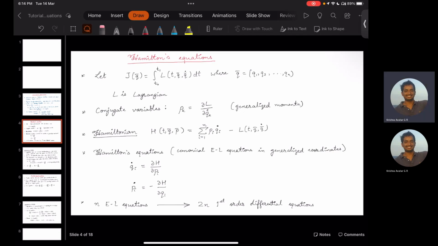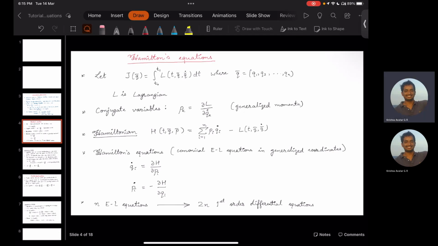What we had called generalized momenta, let's also call conjugate variables. Hamilton's equations use this concept of conjugate variables, which is nothing but the generalized momenta for our case. For this, the Hamiltonian is constructed as H equals the summation of Pi Qi dot over all indices, i equals 1 to n, minus the Lagrangian.